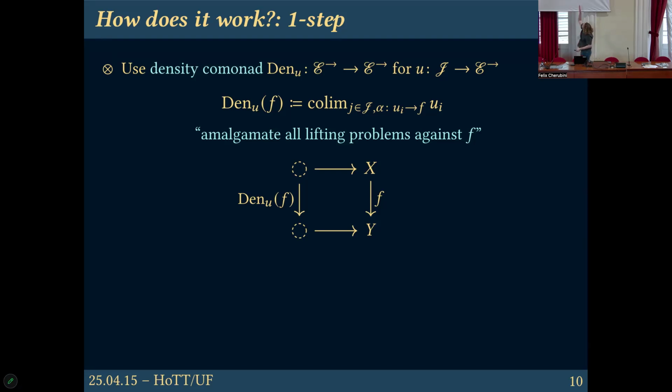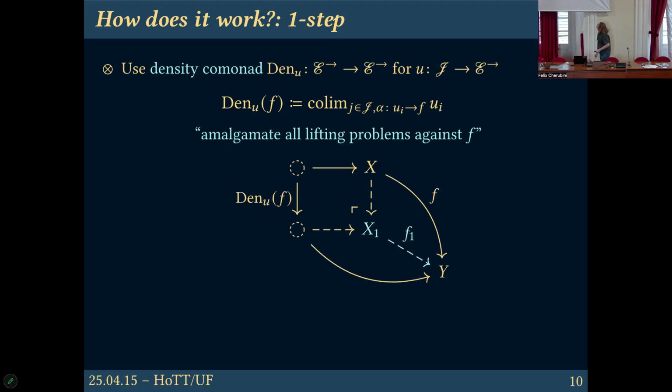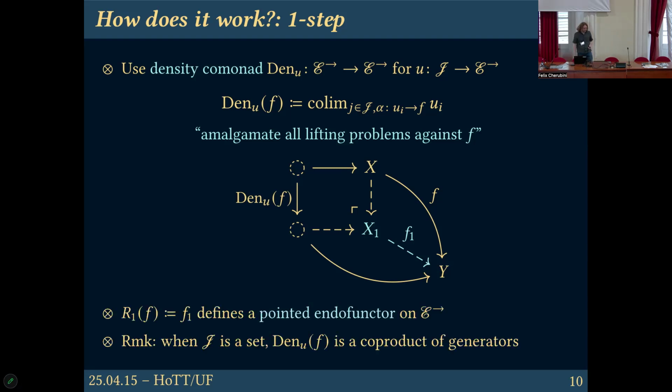And this thing also has a kind of canonical lifting problem against f, which is the co-unit of the comonad. And now the kind of one-step factorization of f is the push-out gap map of the square. So that's that. This operation, which sends f to f1, defines a pointed endofunctor of the arrow category.